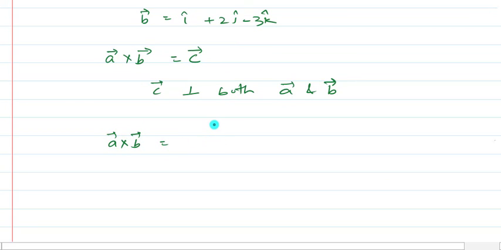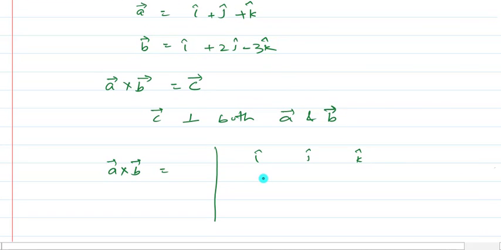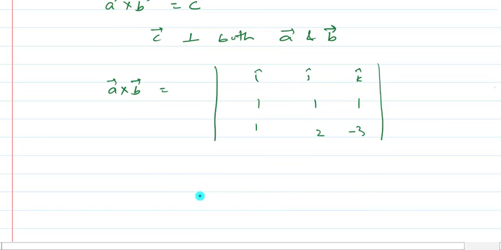So determinant of i cap, j cap, k cap, then taking the coefficients of vector A, this is 1, 1, 1, then the coefficients of vector B, these are 1, 2, minus 3. Now let us apply the determinant rule.